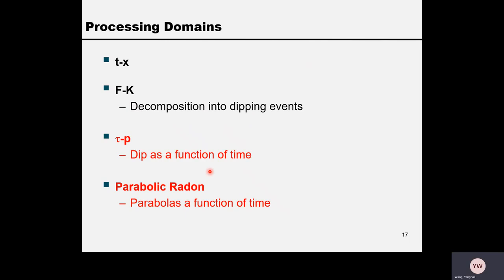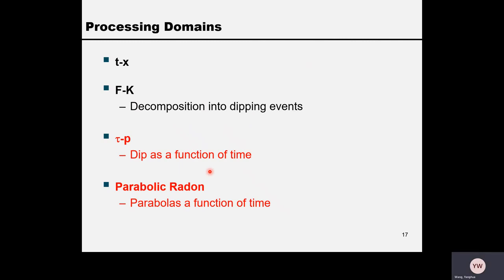In the processing domain, we have two domains: the Tx domain, which is the original data domain, and the FK domain, where, based on the dip, we can decompose the seismic data from Tx into different events with different dips.